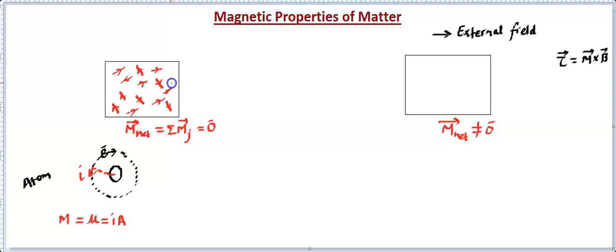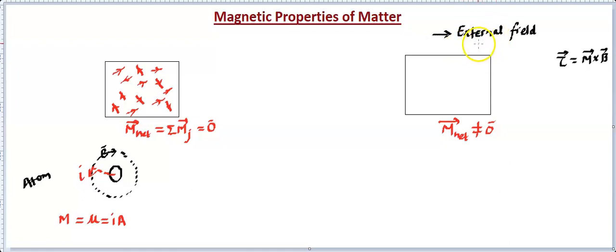So how do these materials behave? If we consider all the solid materials, then whatever field comes in because of this is influenced by this, and some of them create a field in the direction of the field that you are applying.